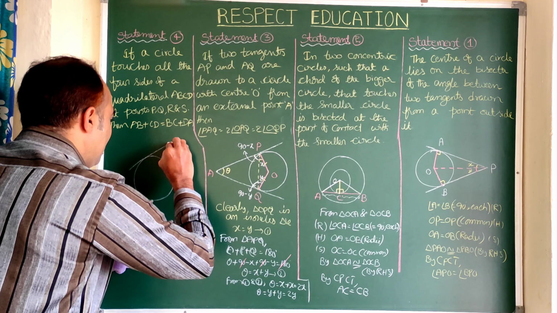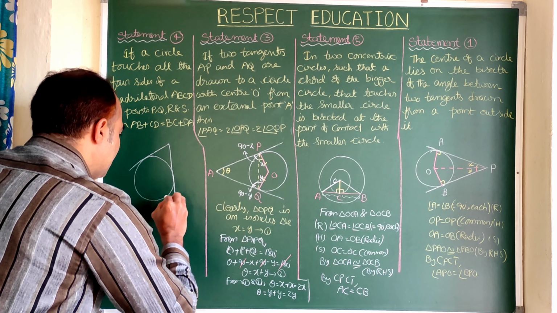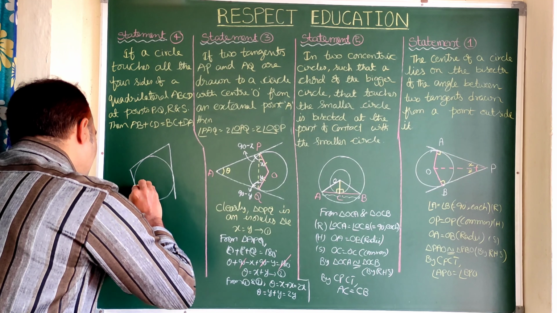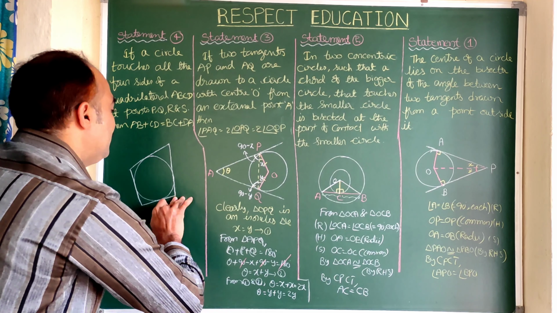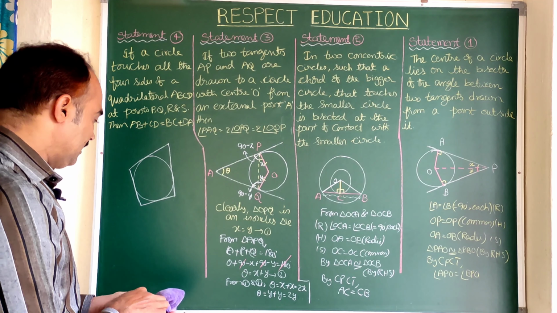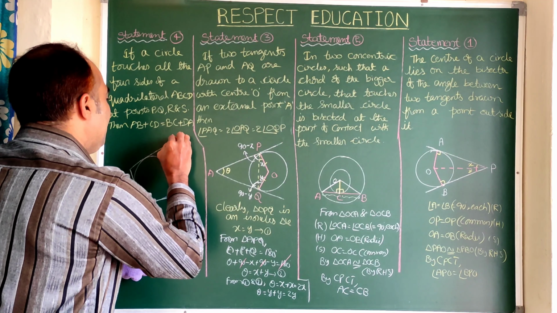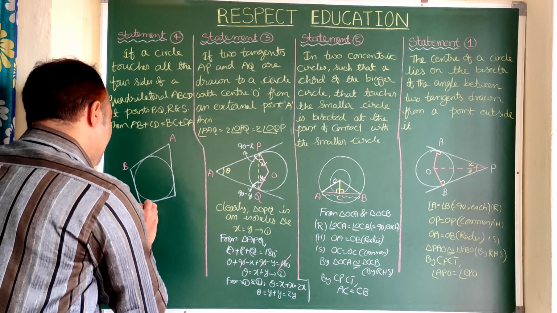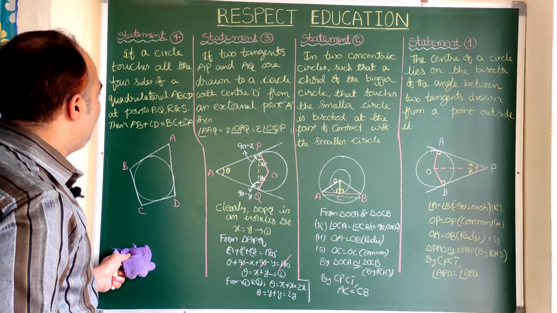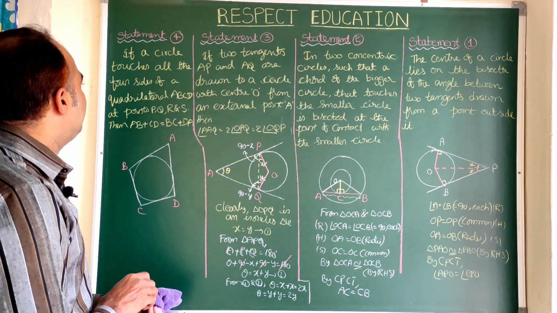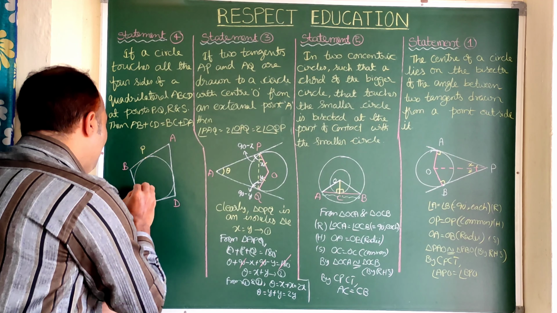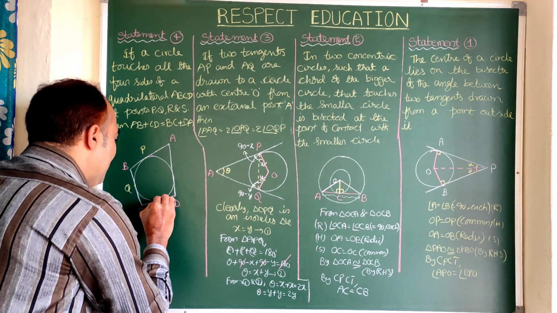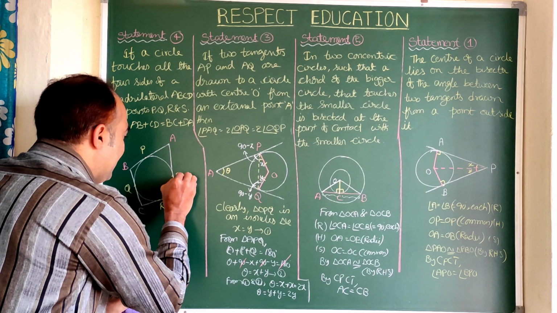This is the first side of the quadrilateral, this is the second side, the third side and then the fourth side. Let us label it as A, B, C and D. This circle touches all the 4 sides at P, here this is Q, and here it is R and S.